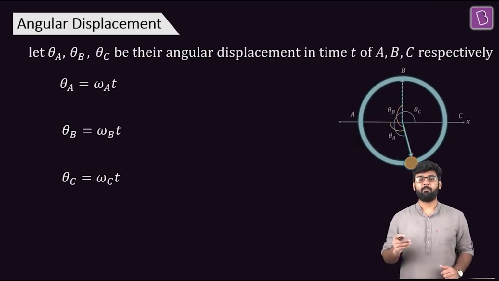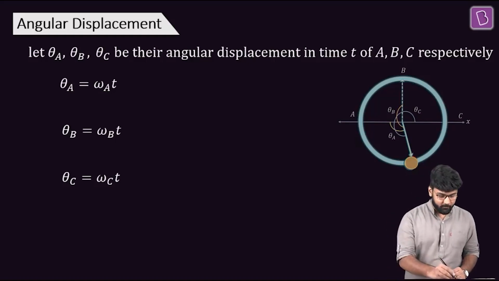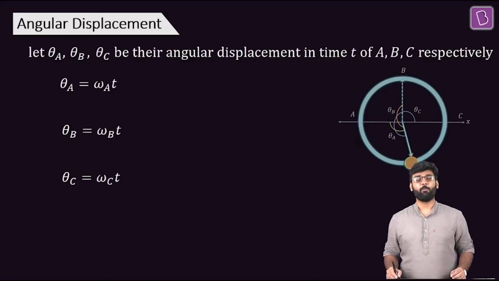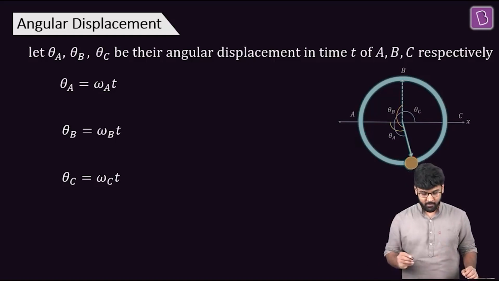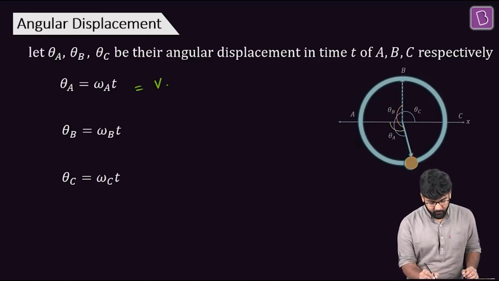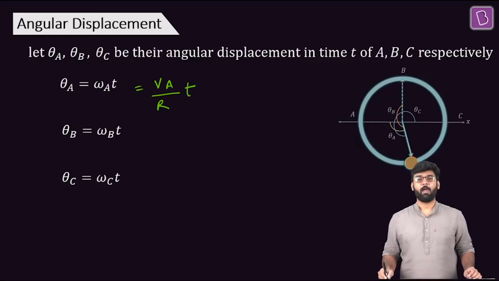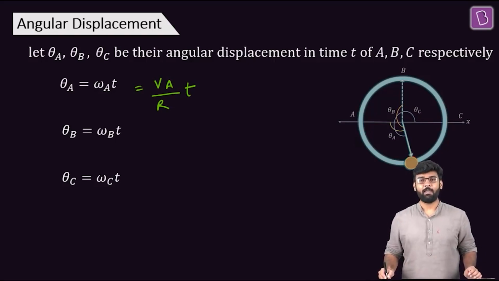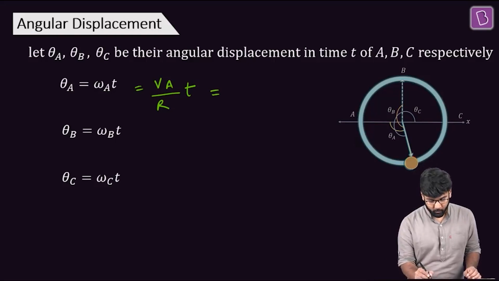You can see here I have not taken TA, TB, TC because as I said, time will remain same for the three particles. So now we just have to substitute the value of omega in terms of V and R. So here we can write VA by R into T. And velocity of particle A is given to us, that is 1.